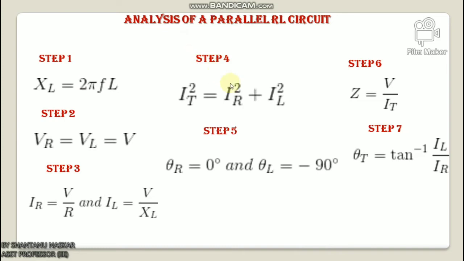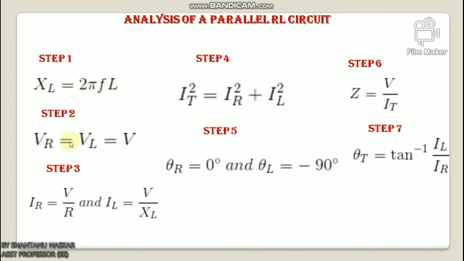Now finally, the analysis of the parallel RL circuit. In a parallel RL circuit, the values of resistance and inductance, frequency and supply voltage are known, and for finding the other parameters of the RL parallel circuit we follow some steps. Step 1: since the value of frequency is already known, we can easily find the value of inductive reactance XL, which equals 2 pi FL.